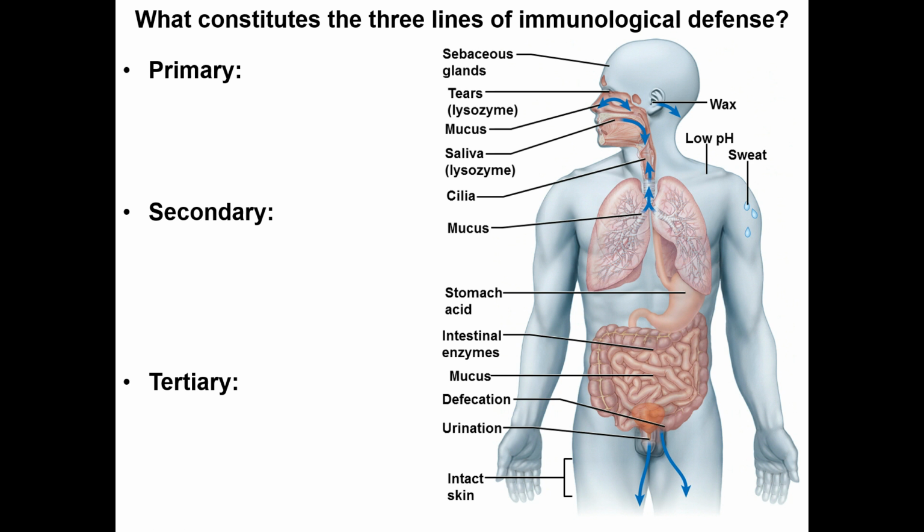It primes the immune system, puts it on high alert, as well as you have the involvement of other factors like complement, and factors like certain chemicals that we call pyrogens that stimulate fever. And the fever is also involved as a secondary barrier.